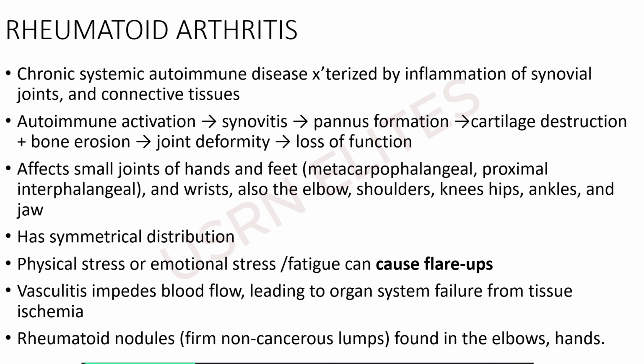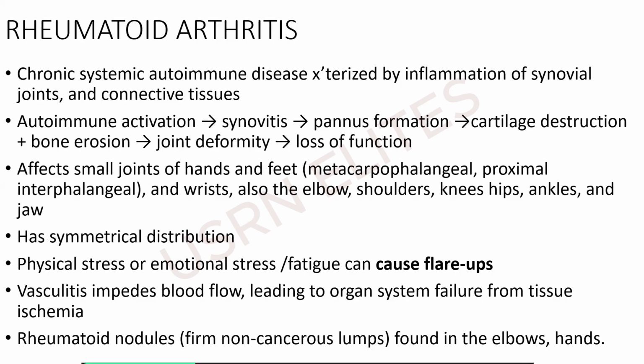And we have vasculitis, because it affects the vessels as well. When the vessels are inflamed, it will impede blood flow. It will have effects on the organ where the blood vessel is supplying.